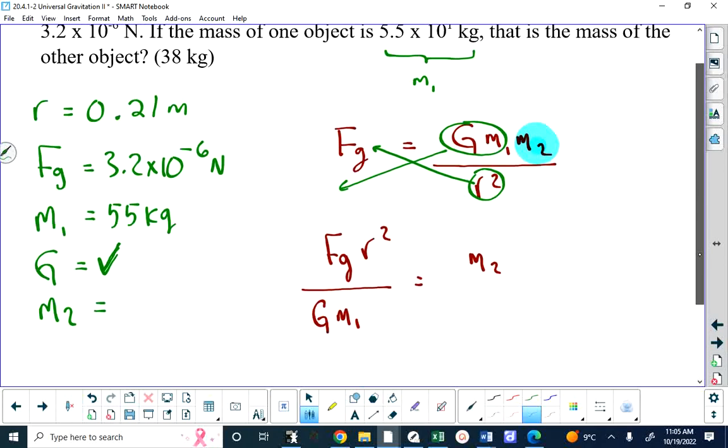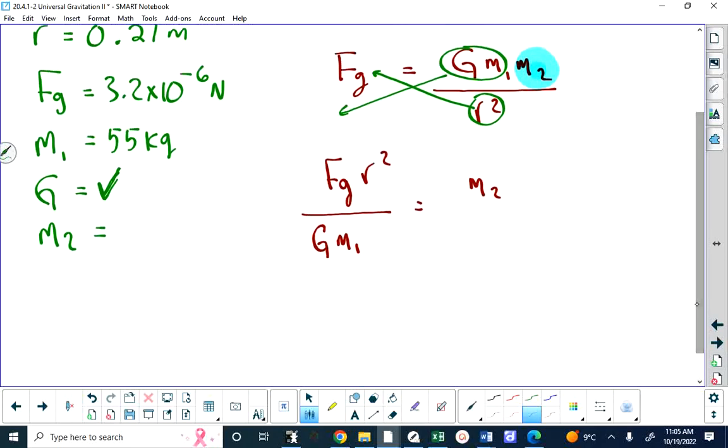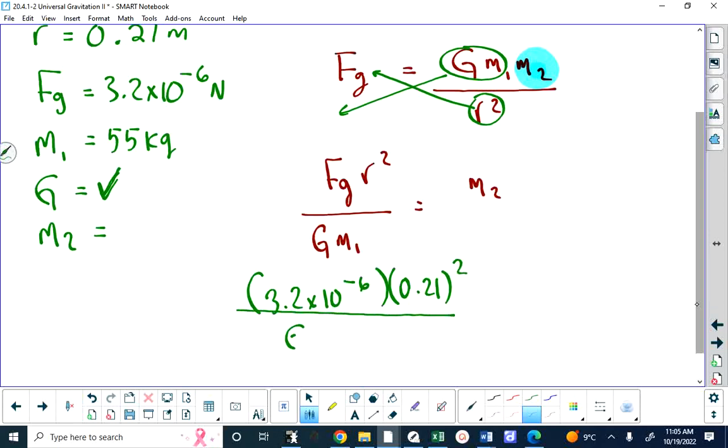Now what we have to do is put some numbers in. I'm going to write these numbers down: 3.2 times 10 to the negative 6, times R, don't forget to square R, 0.21 squared, over G, and also over M1, which is 55.